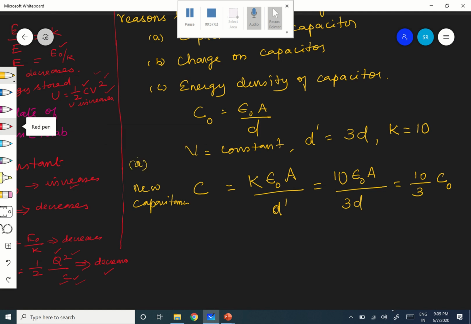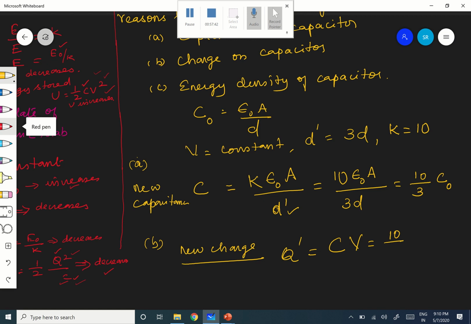This is the first one, A. Then what is B? B is the charge on the capacitor. What is the new charge? Let it be Q dash, for the distance D dash. Q dash is equal to C into V. What is C?